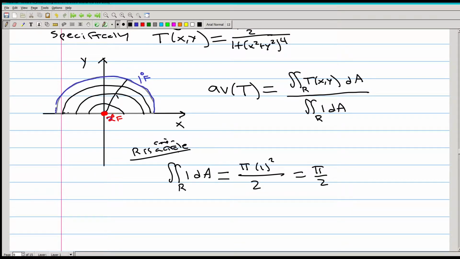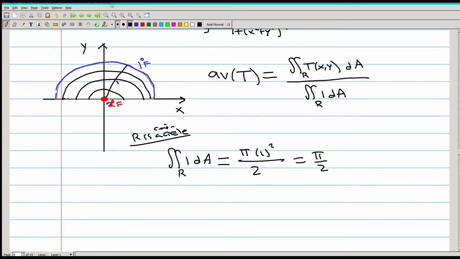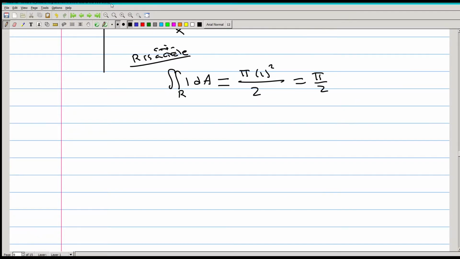And so the only other value that we need now to get the average value of temperature on this region is the accumulation of the function itself on the region, or the double integral of the temperature function over the region R. This is going to be the double integral of function 2 over 1 plus x squared plus y squared.